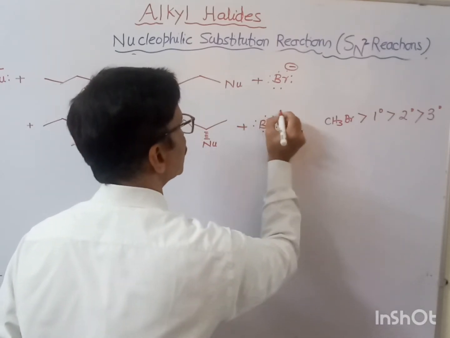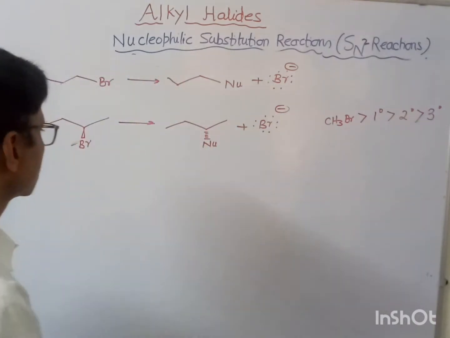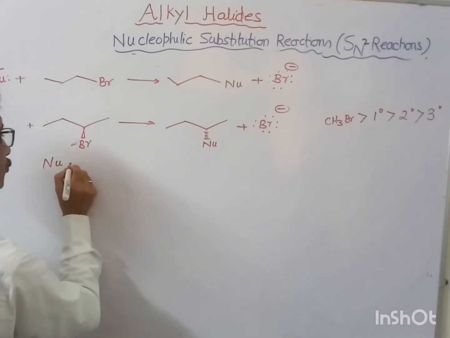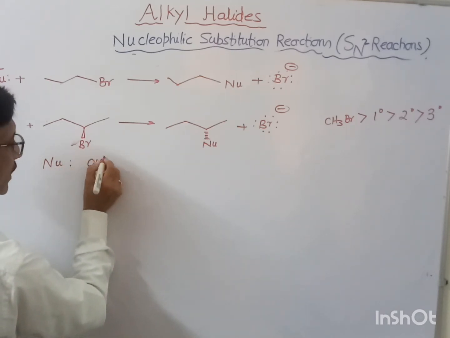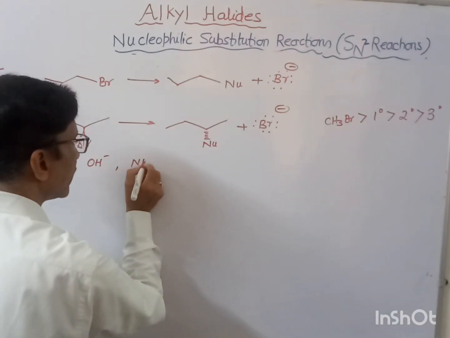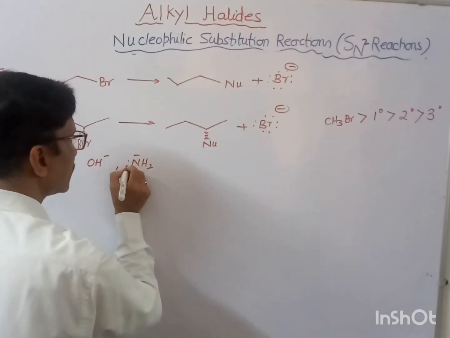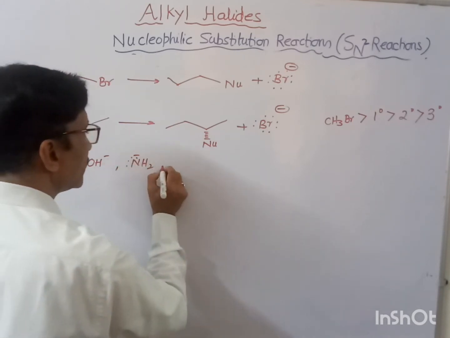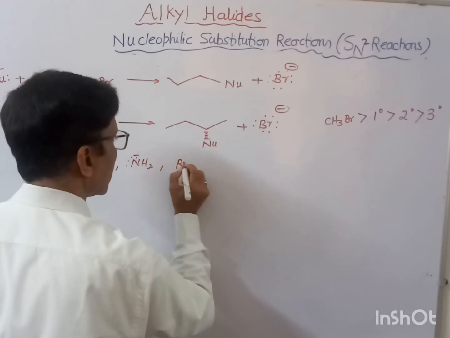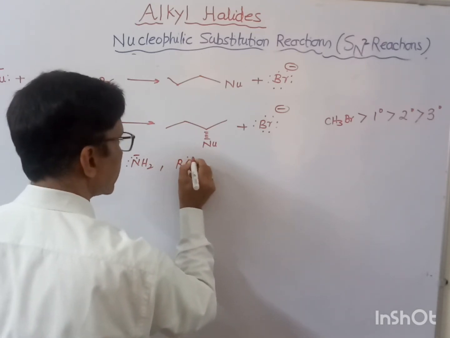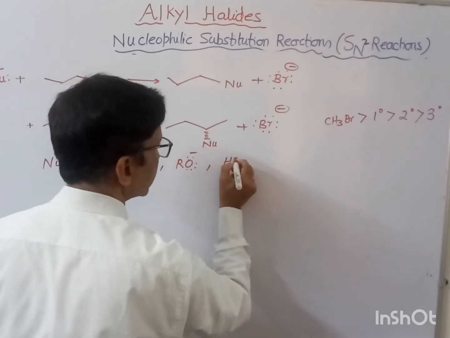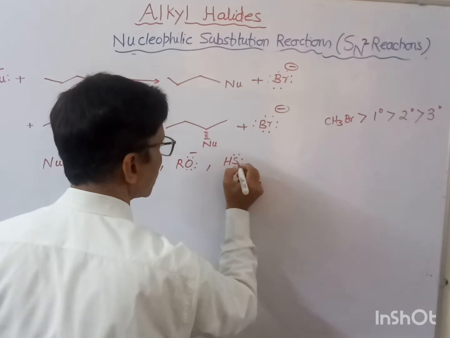So here various nucleophiles we can write. Suppose I am writing here the general nucleophilic substitution reaction. The nucleophile may be hydroxide ion, or amide ion, or alkoxide ion, or bisulfite ion may act as a nucleophile here.